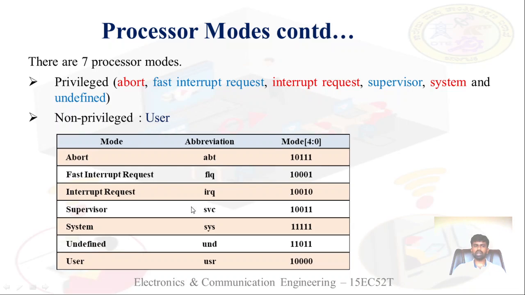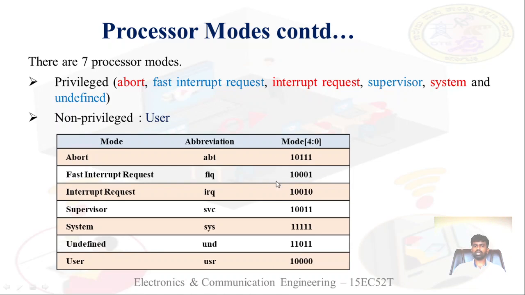This is a table of modes and respective mode bits. Do you remember there are mode bits in the control field of the CPSR, 5 mode bits. Each mode is assigned respective 5-digit binary mode values. That means if you enter this in the mode bits, that particular mode will be selected.